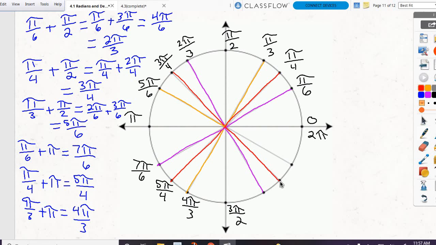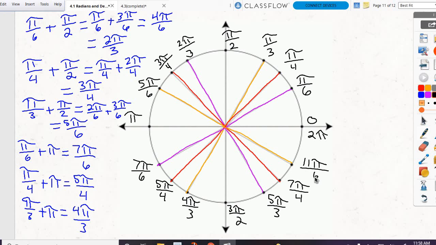For those, we should get 5 pi over 3, 7 pi over 4, and 11 pi over 6. So what's the relationship this time between the numerator and the denominator? One less than double. Correct.